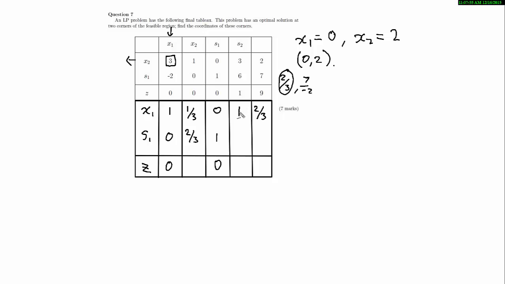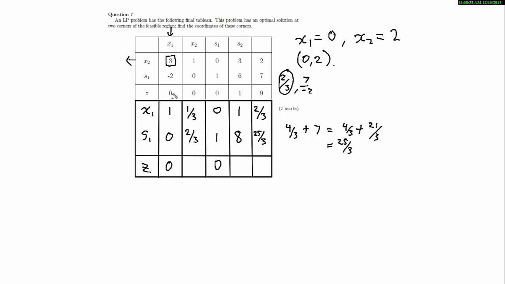Now we're adding 2 times 1 to 6, which is 8. And finally we're adding 2 times 2 on 3, which is 4 on 3, to 7, which is 4 on 3 plus 21 on 3, which is 25 on 3. So that's that entry here.